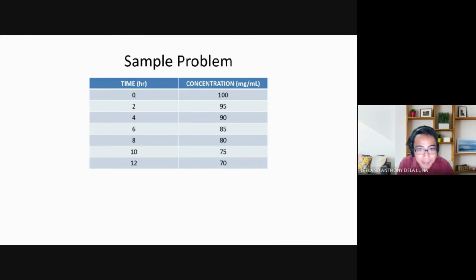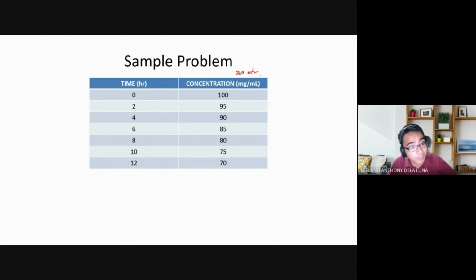Okay? Tingnan nyo class ha, proportional yung increase in time, proportional din yung pag-decrease sa concentration. Proportional. So dahil proportional class, ibig sabihin, this is already following zero order. So in my eyes class, alam ko na agad na zero order to kasi proportional yung pag-decrease ng concentration with respect to time.